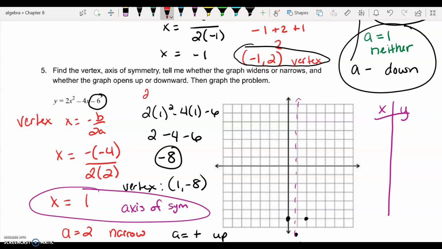So let's plug in 3. You end up getting 0. If I plug in -1, I'm going to get 0 because they are both 2 units from the axis of symmetry. Now I graph it. Doesn't that look a little more narrow than usual? So that means that you've graphed it right and it's going up.